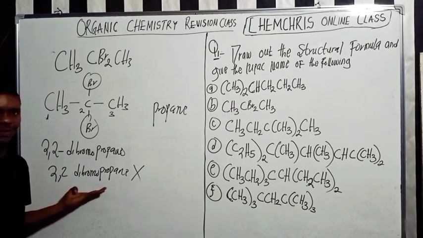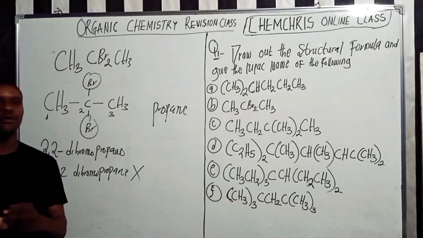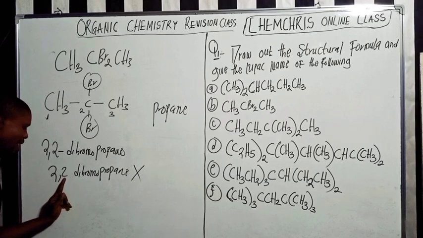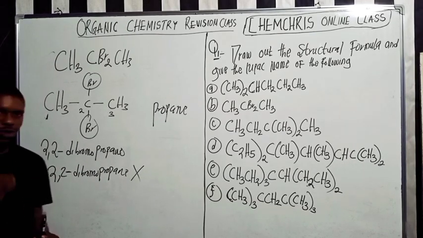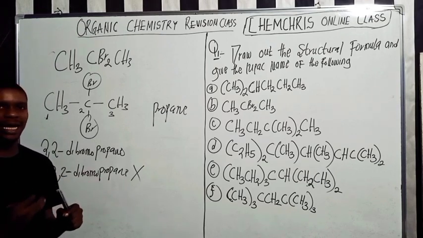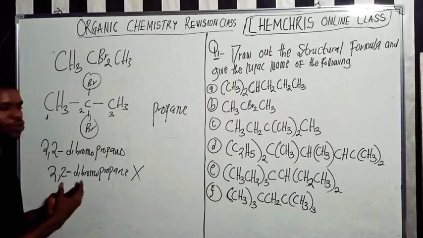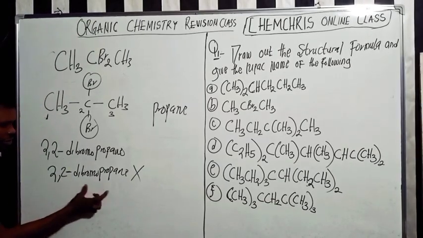You are going to fail it. Do you understand? You did not follow the rule of nomenclature, you must separate number and alphabet with the hyphen. So these are little things that students normally fail in the exam that cause them not to get their full mark. So you want to be careful of all these little things here.